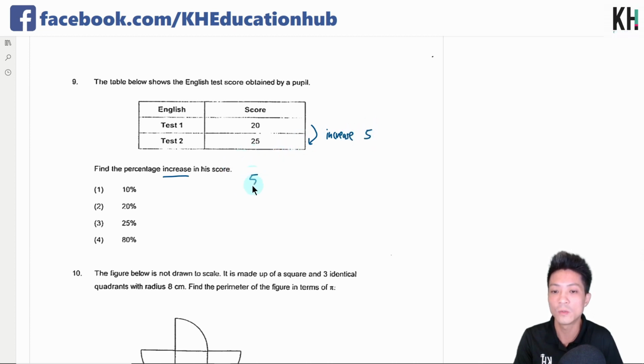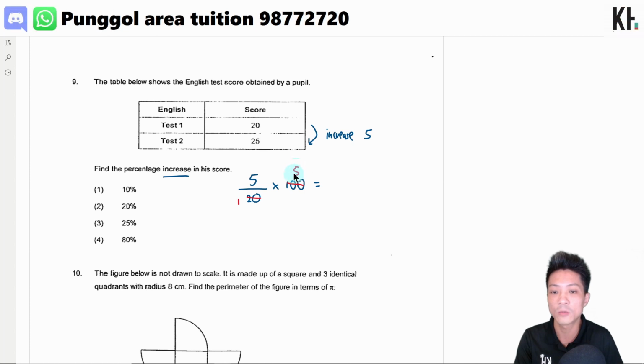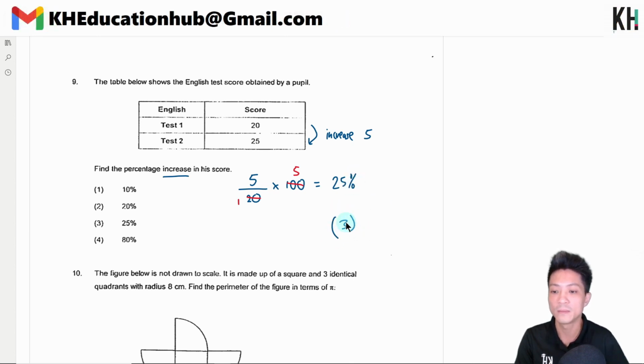So we need to use 5 over the original, which is the 20 marks, multiplied by 100. Reducing, divide by 20, divide by 20. So 5 times 5 will give you 25%. Answer is number 3.